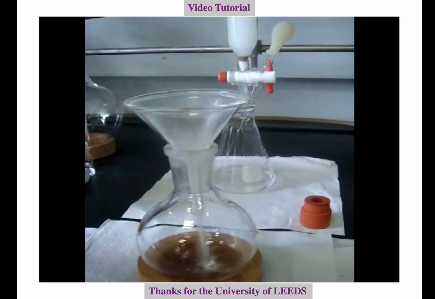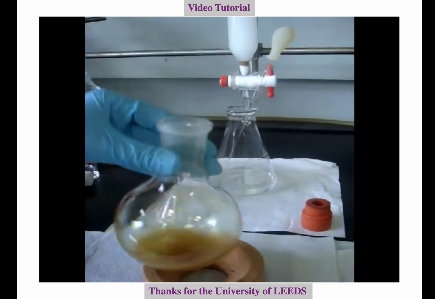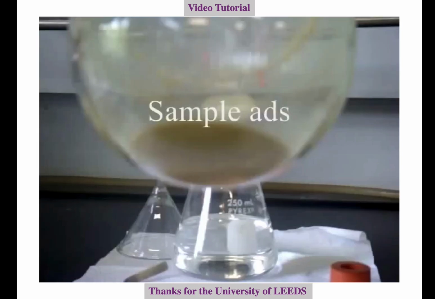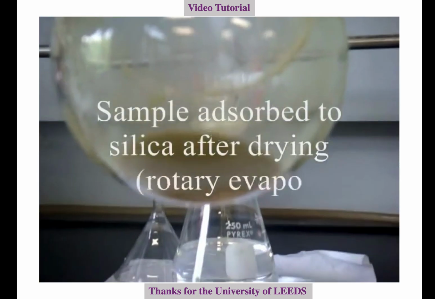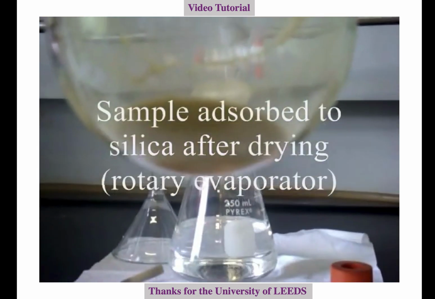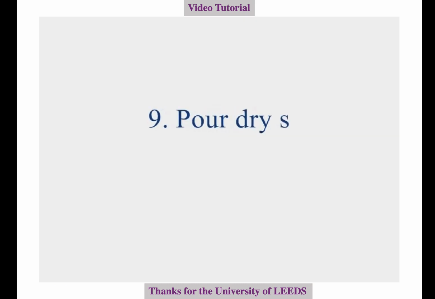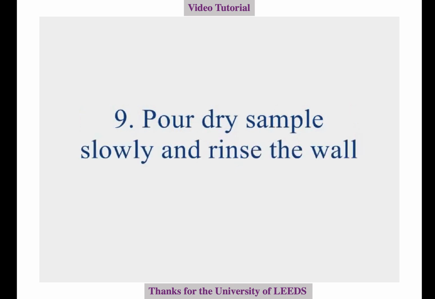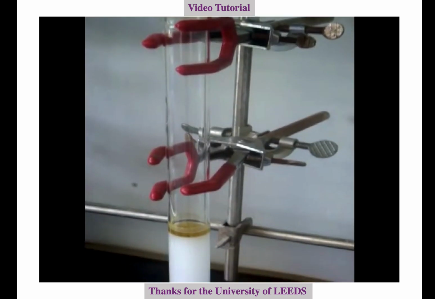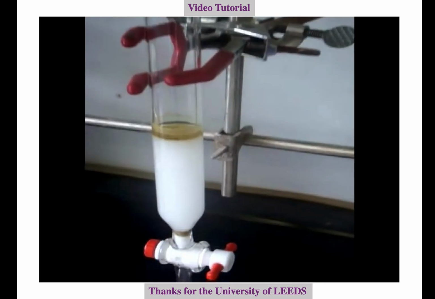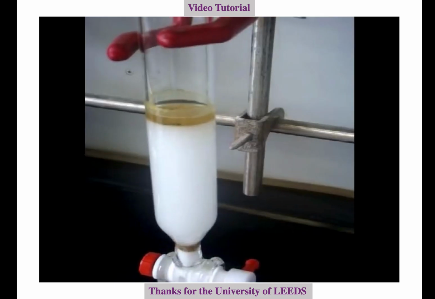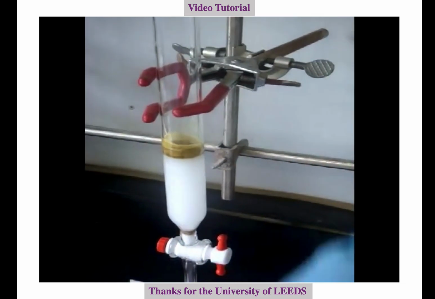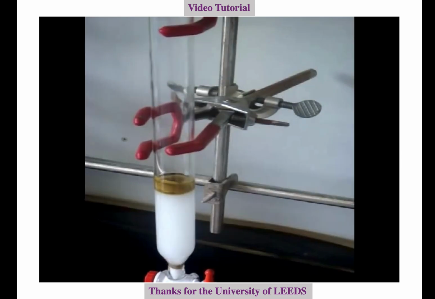You can dissolve it in the mobile phase alone, but remember, you have to load the sample, the addition of the sample to the column called loading the sample, using a glass pipette. And you have to rinse the container of the sample in order to avoid losing any amount of the sample. And then we add mobile phase. Remember, slowly.